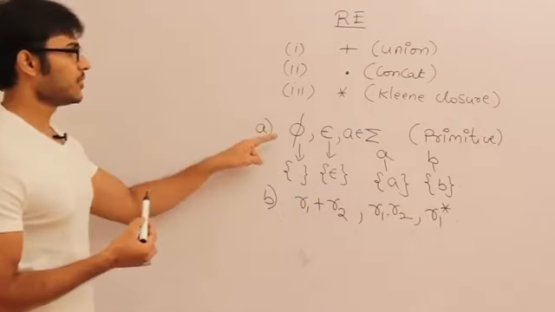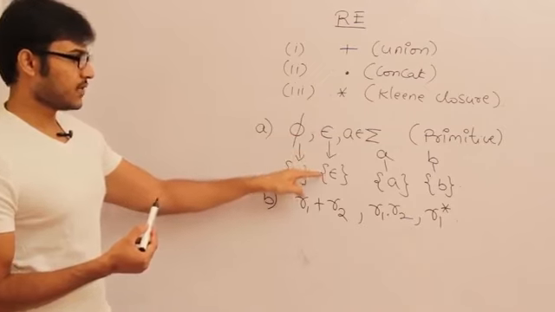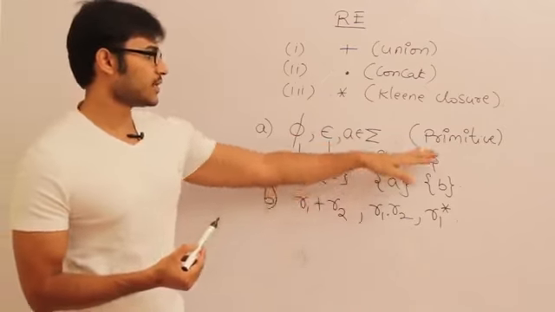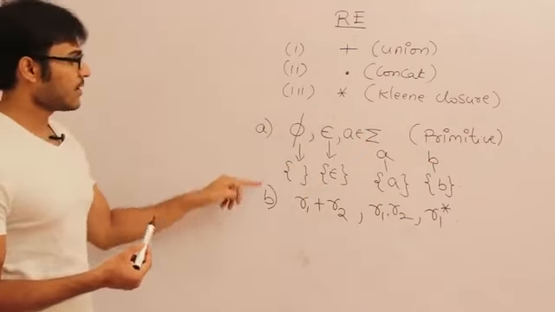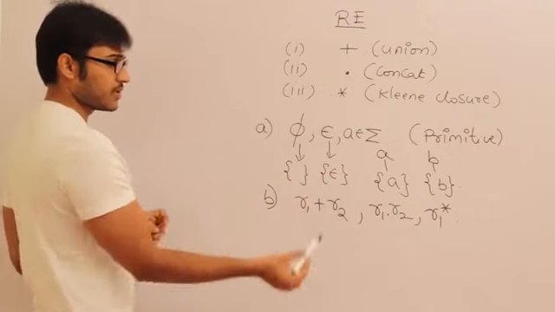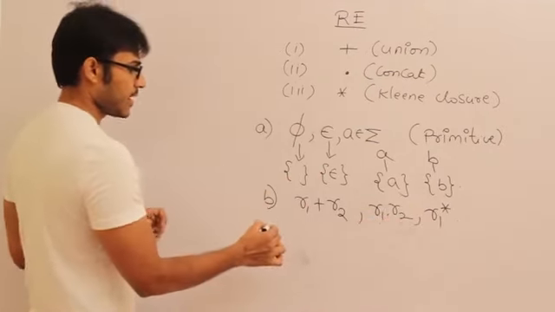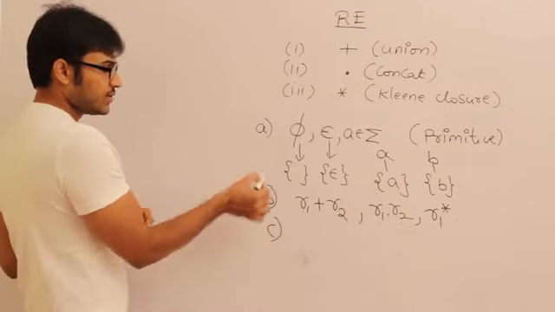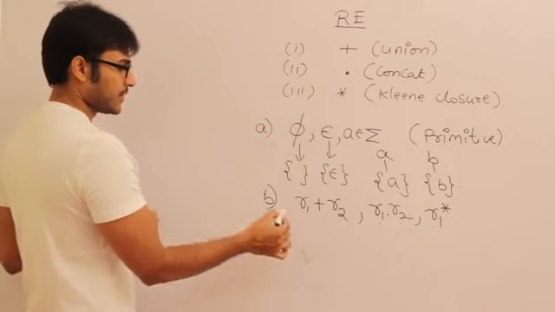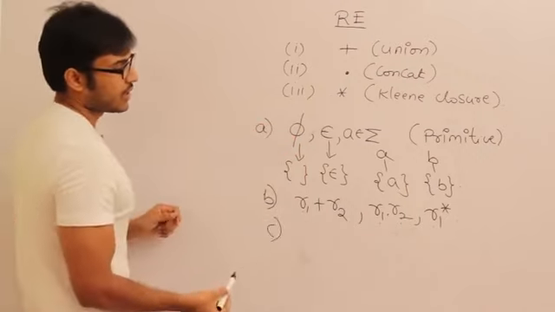See this: primitive regular expressions are phi, the empty set, epsilon, which contains only the null string, and any symbol of the input. Any union of two regular expressions is a regular expression, and concatenation of two regular expressions is again a regular expression. You can use both these rules any number of times.